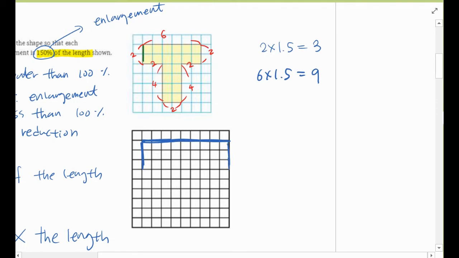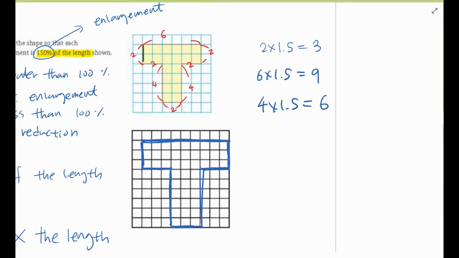So we're going to draw a line with 3 squares. 2 becomes 3. And 4 times 1.5, that is 6. So we're going to come down 6, and 2 times 1.5, again 3.